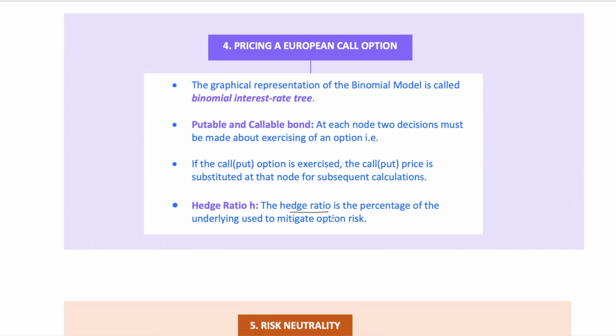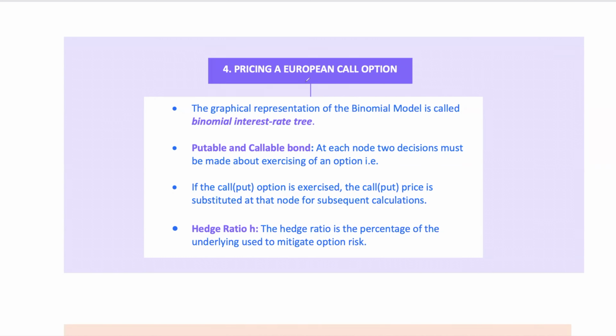The hedge ratio helps traders figure out how much of an underlying asset, like a stock, they need to buy or sell to offset the risk of holding an option. Let's break it down with a simple example. First, let's understand option payoffs. Imagine you have a European call option that lets you buy a stock at a fixed price of 100 euros in 1 year.